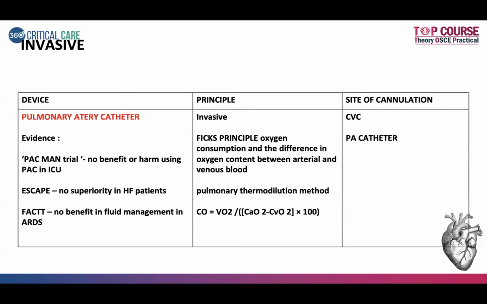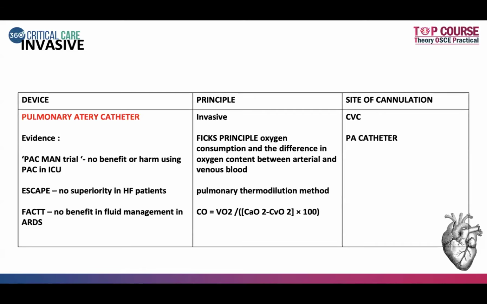But coming to evidence like the PAC-Man trial or FACTT trial in ARDS or the ESCAPE trial in heart failure patients, no major superiority was found with pulmonary artery catheter monitoring compared to other techniques. So this is one of the invasive methods of cardiac output monitoring, where it uses the Fick principle.